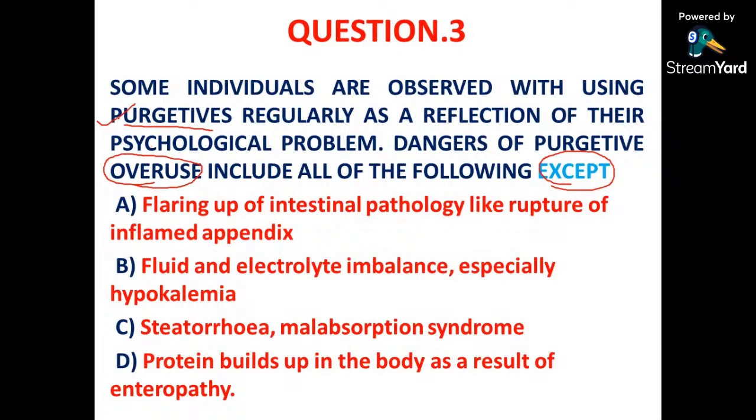When purgatives are overused, excess diarrhea is seen, excess fluid loss is seen from the intestines, and sometimes due to loss of excess fluids, the inflamed appendix may rupture with the overuse of purgatives. So this one is not the correct option.